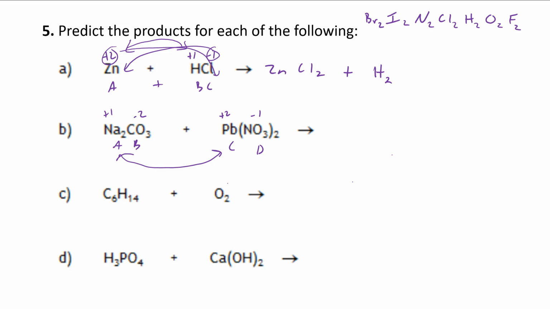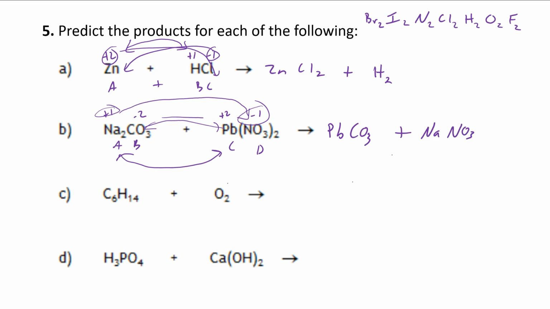So I'm going to combine a +2 with a -2. My lead and my carbonate are going to join together. They have equal charges, so it's just going to be a single lead and a single carbonate ion. And I'm going to combine sodium with nitrate, which is going to be a +1 and a -1. Again, the charges balance it out, so it's just going to be a single sodium and a single nitrate.